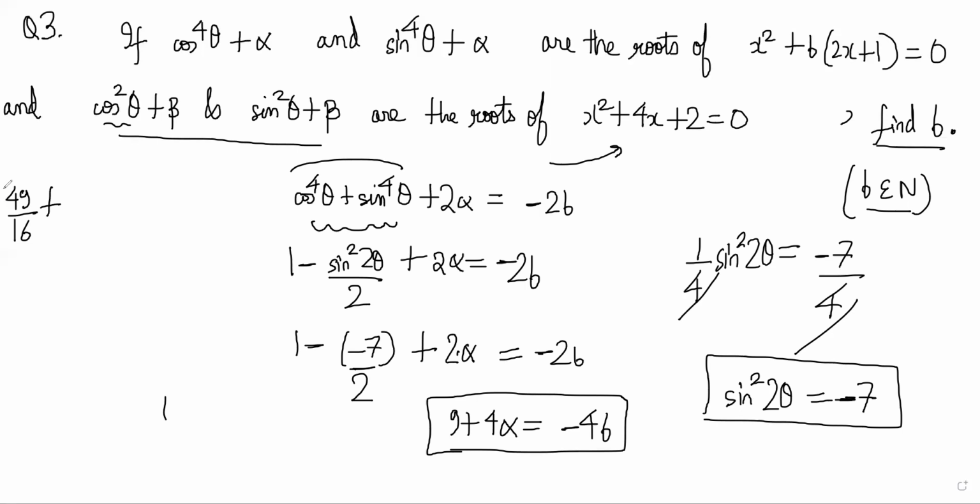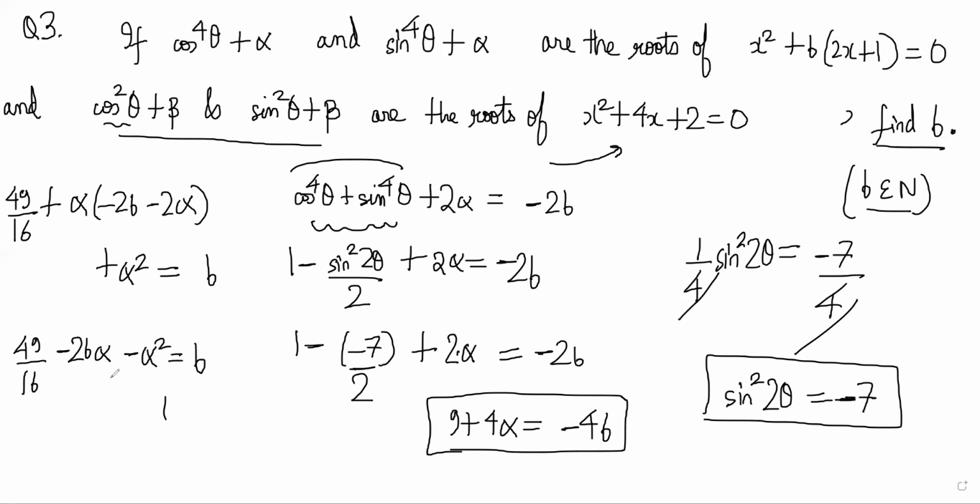So alpha into minus 2b minus 2 alpha square. What you're getting is 49 by 16 minus 2b alpha minus 2 alpha square plus alpha square. So minus alpha square is equal to b.